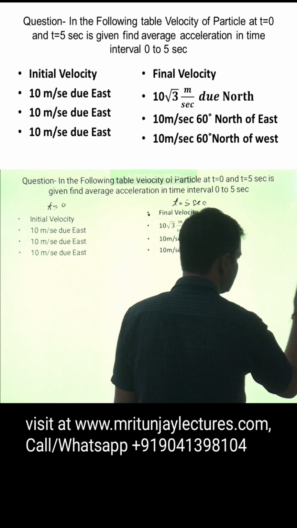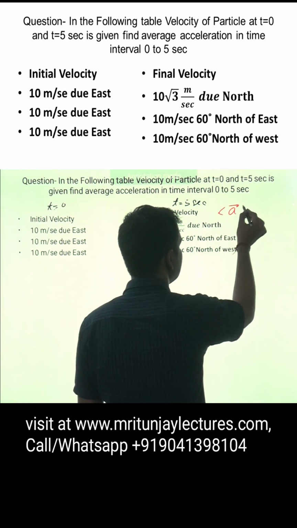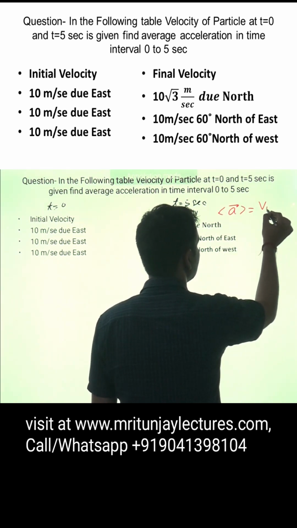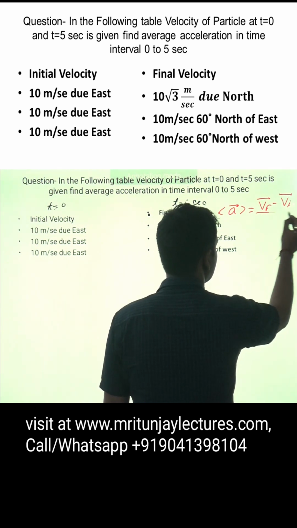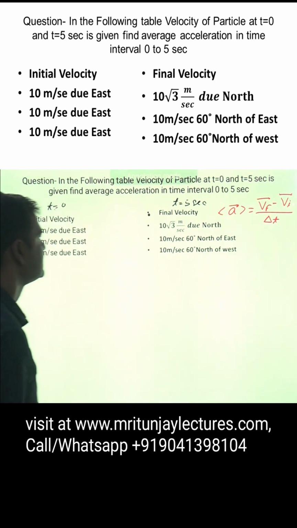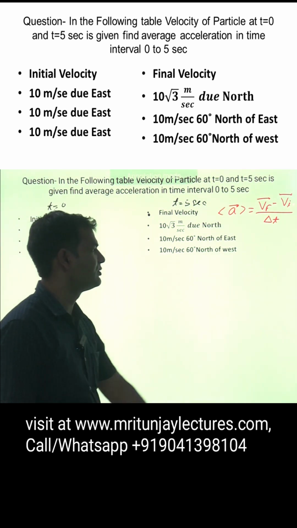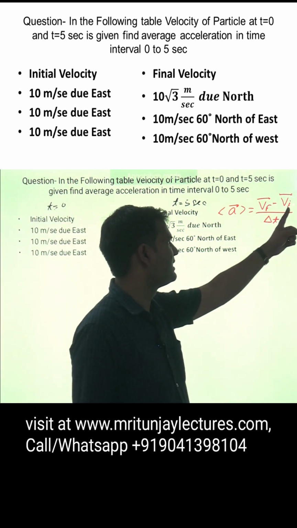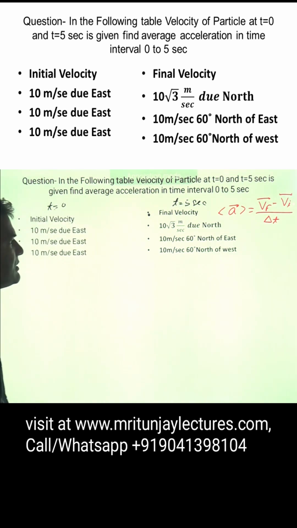I know that average acceleration I have already discussed. That is final velocity minus initial velocity divided by delta t. Clear or not? Put these values and we get the answer.